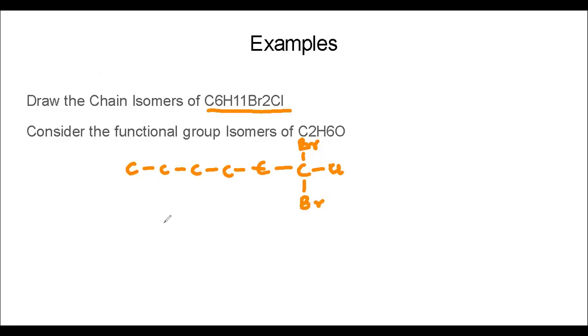Then I can start shifting the position of the bromine, the chlorine. It's always good to do it one step at a time. Okay, don't model the whole thing of 1, 2, 3, 4, 5, 6. Let me deal with the functional groups first. Let me see all possibilities for the functional group, before I now start breaking off my carbon chain and then start branching my carbon.